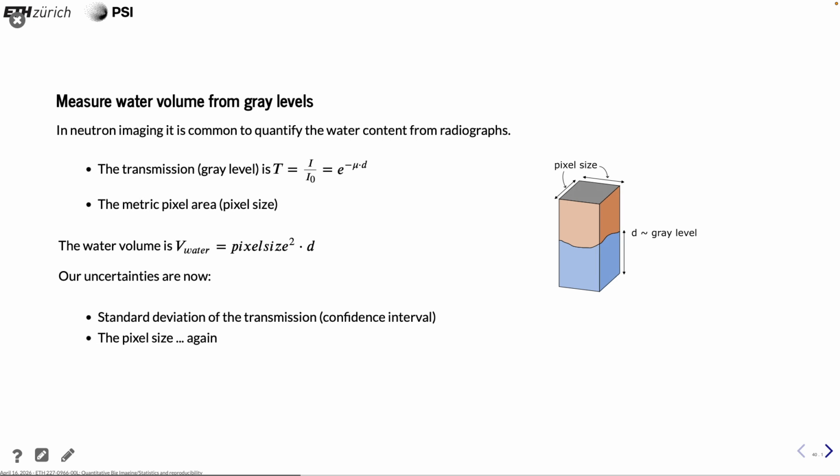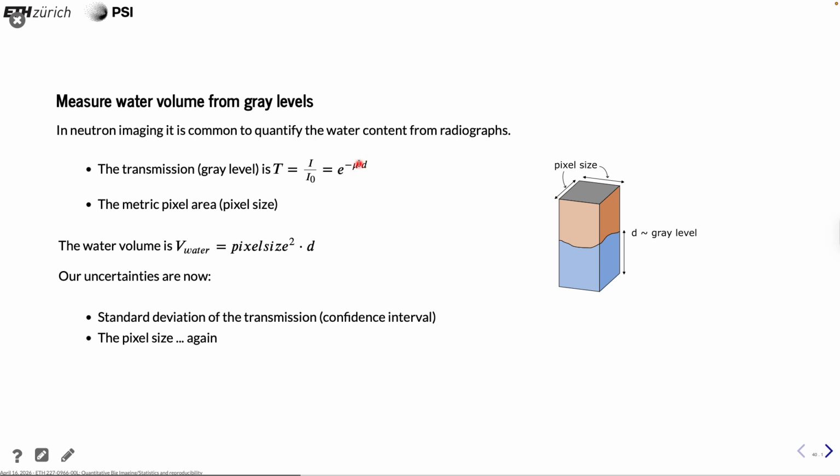A more complicated thing, which introduces more problems, is to measure the volume of water, or actually to make an estimate based on the gray level in the image. Here we go back to, what was it, lecture 4, I think, looking at the Beer-Lambert law. This is how the transmission is related to the thickness.